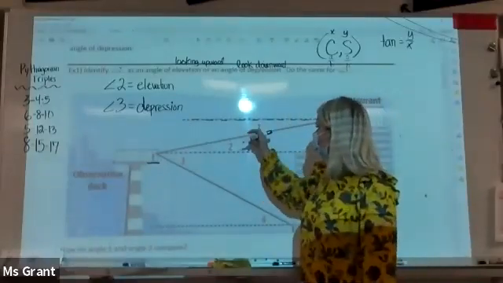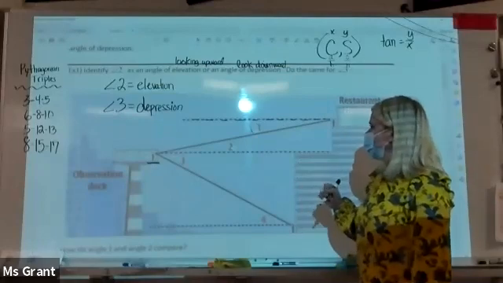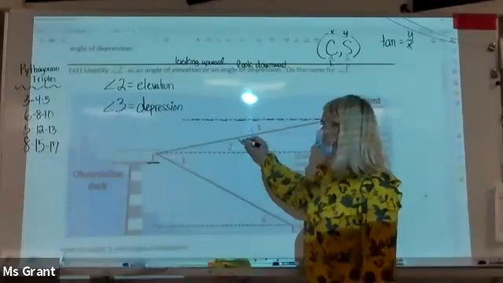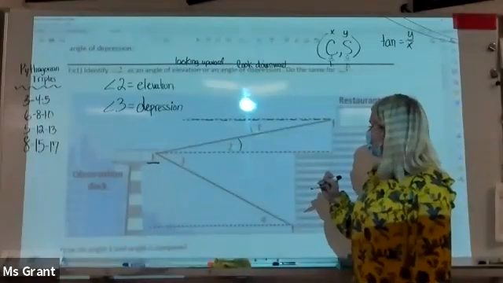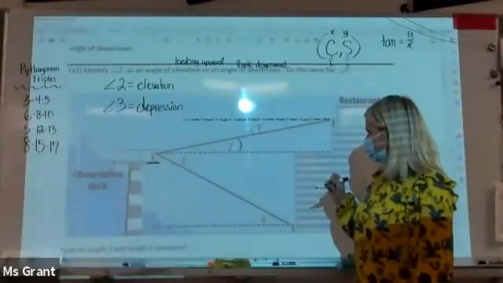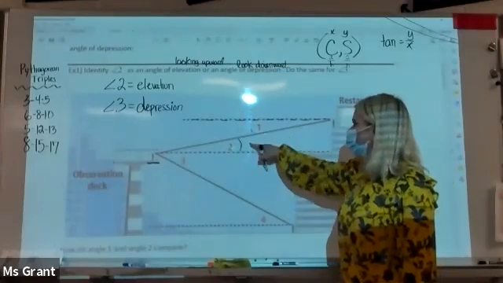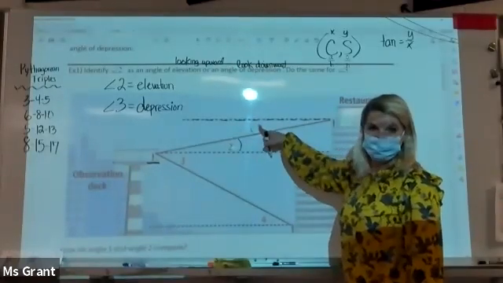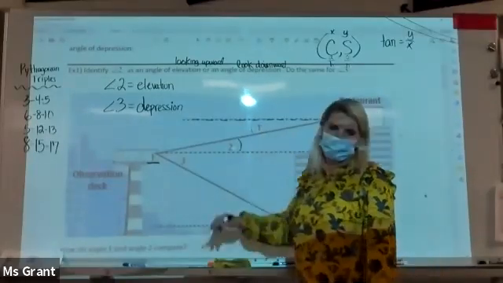This angle 1 is going to be the same angle as angle 2, the same degrees. And what else? Angle 2, well, they are the same size, right? You know, alternate interior angles. But angle 2 is my angle of elevation.